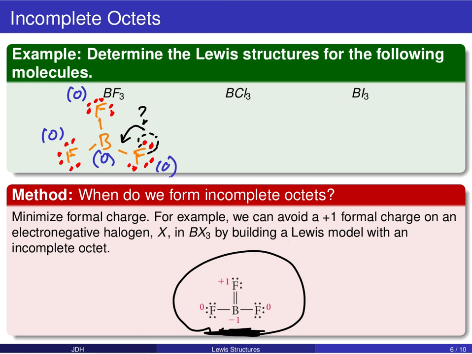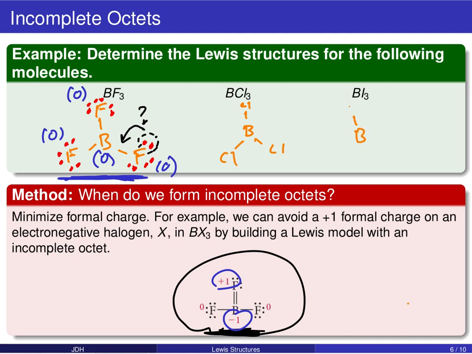When I put in the double bond, we now have a +1 and a -1 formal charge. More importantly even, we're putting a +1 formal charge on the most electronegative element on the periodic table, fluorine, right? Not a very viable situation. So as a result, this structure illustrated up here, in green, is going to be the primary structure that we observe experimentally. And of course, the same sort of logic holds for the other boron halides.